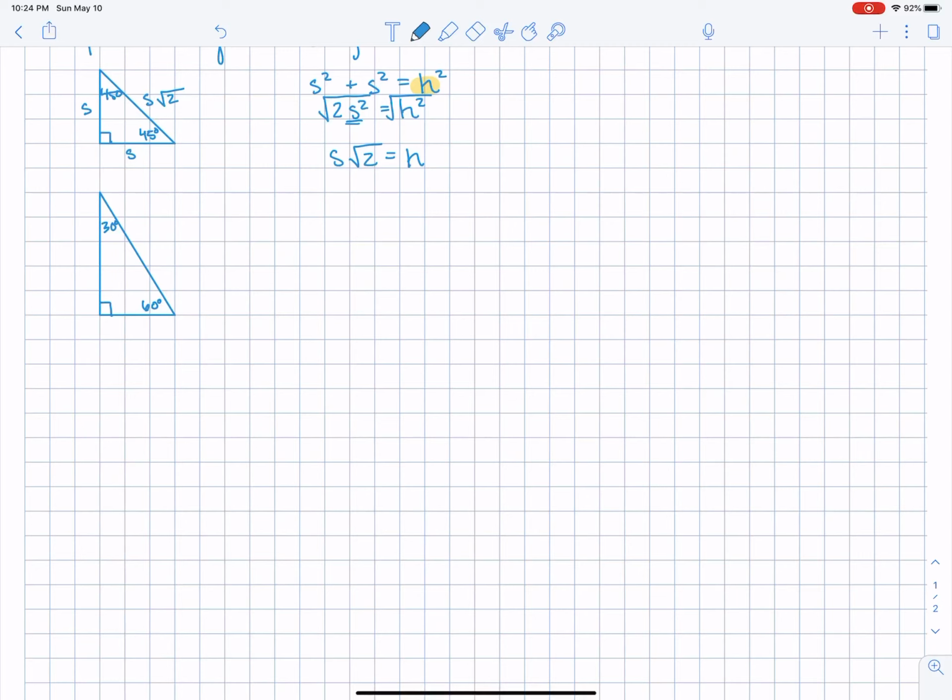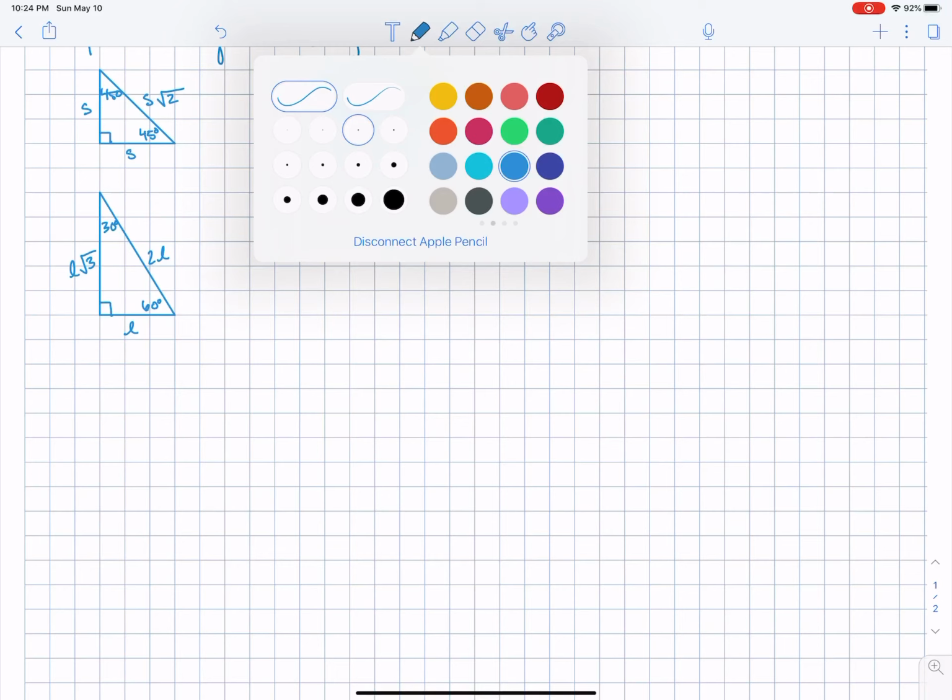And we usually like to start with our short side. So my short side I'm going to label L. And then from here we have that your hypotenuse is 2L and your long leg is short leg times root 3. And if you don't believe me, here we go.